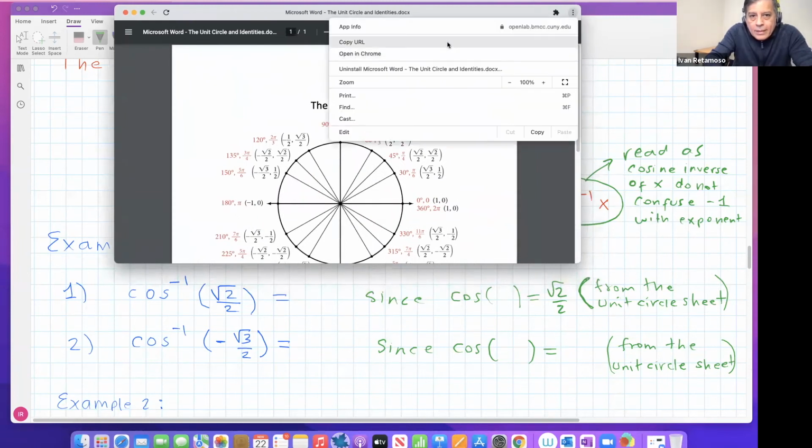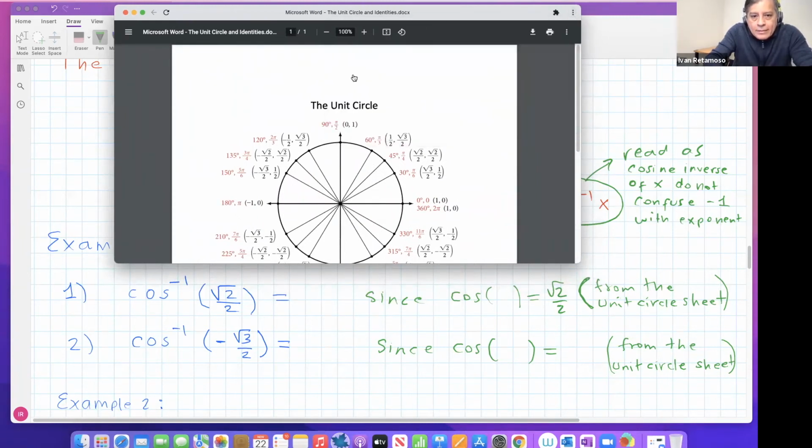But if not, go to your unit circle sheet I just gave you. And in case you don't have it, guys, here on the chat, this is where it is. It's also on our website in Blackboard. Okay, so you look for an angle between 0 and pi, first quadrant and second quadrant now, whose cosine is square root of 2 over 2.